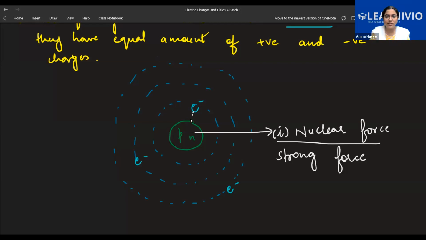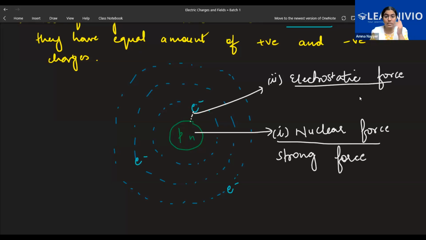So this force is the electrostatic force. And if you see, in comparison to the nuclear forces, the electrostatic forces are weak forces in nature.